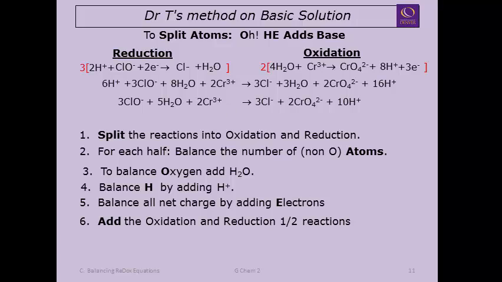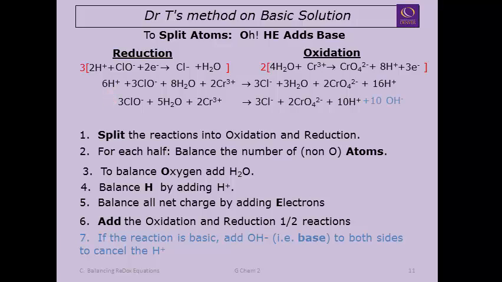And now, in order to make it occur in a basic solution, all you have to do is add hydroxide to both sides in such a way as to cancel whatever protons are present. Long story short, there are 10 protons here, so I have to add 10 hydroxides to this side, the product side, and 10 hydroxides to the reactant side. There you go. And now all you have to do is clean up like terms.